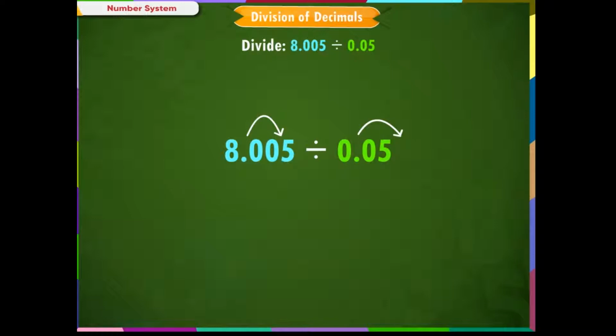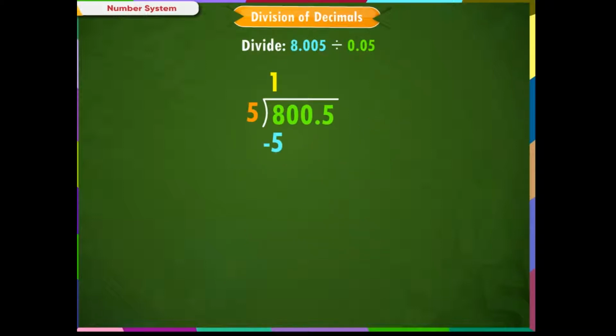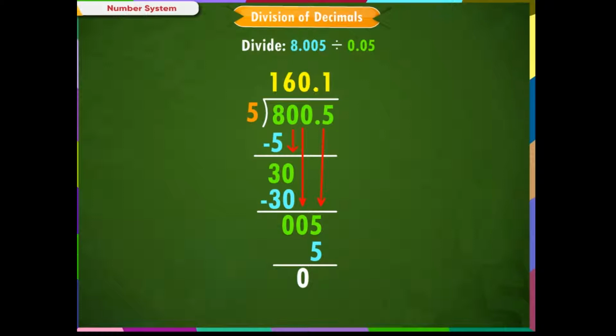Now, the numbers become 800.5 divided by 5. Now divide the numbers as usual and place the decimal at the same place as the dividend. Therefore, 8.005 divided by 0.05 is equal to 160.1.